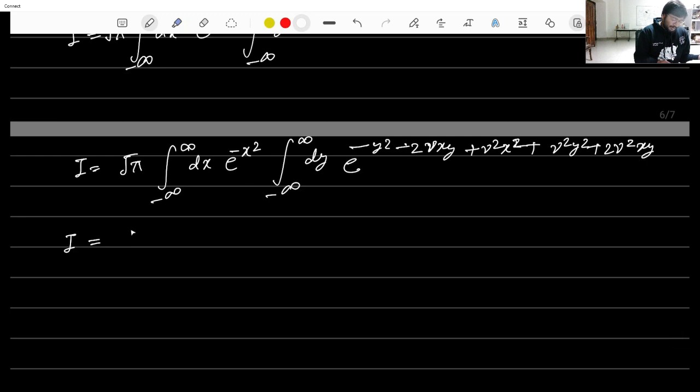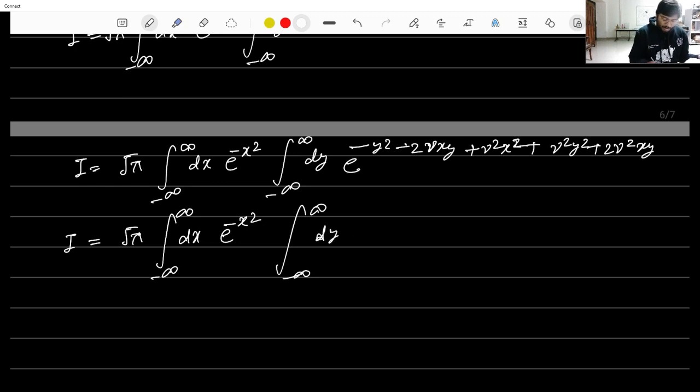So you will write it like this, root pi minus infinity to plus infinity dx e to the power minus x square. You again make it like a shifted Gaussian integral so that you can write the formula of the shifted Gaussian integral here. So e to the power minus 1 minus nu square y square, this comes from this term and this term, correct, and you make other terms here. So other terms must contain y factor so that you can use the shifted Gaussian integral formula.